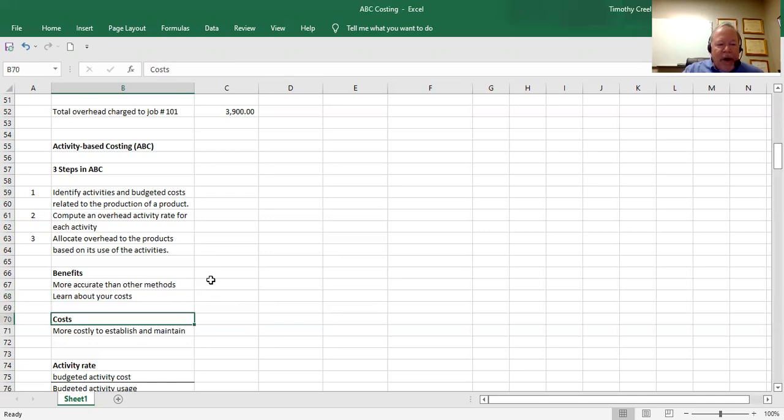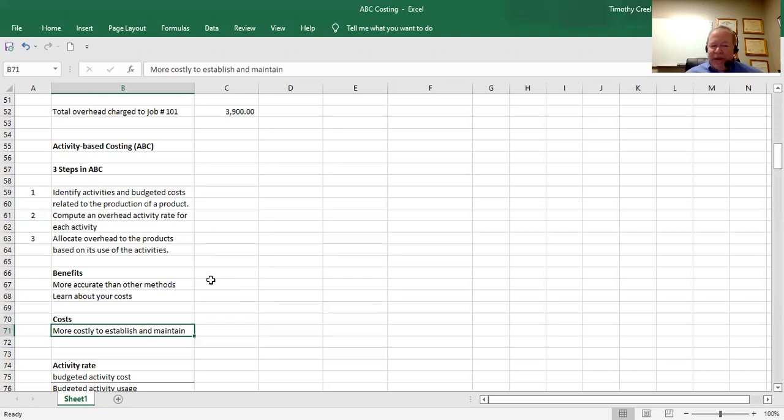Now, the cost of ABC, probably the biggest thing is it's more costly to establish and maintain. Typically, when a company is setting up ABC, they a lot of times have to bring in outside experts to work with their production engineers, their production managers, their team at the plant.